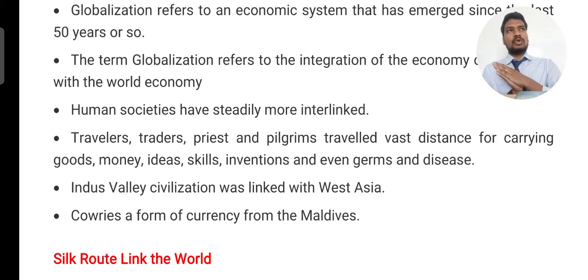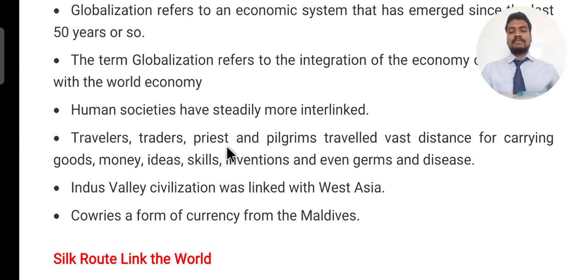That book got circulated to the whole world, and people started to get information about India. That is how travelers moved from one place to another. They shared their ideas and experiences, and they earned their money.